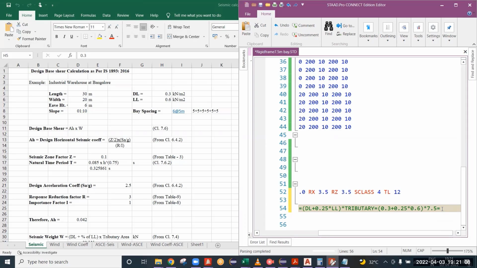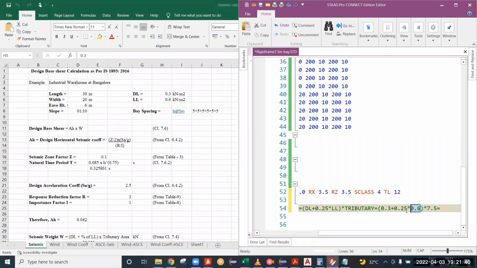So now calculate this one. 0.3 plus 0.25 into live load. Actually 0.25 is not there in our code, but companies follow it for some safety precautions only. Nothing changes much. Just 25% of live load. Live load is just 0.6, but there will be nothing much change if you give 25% extra.